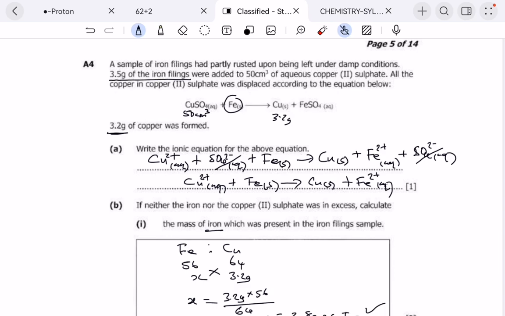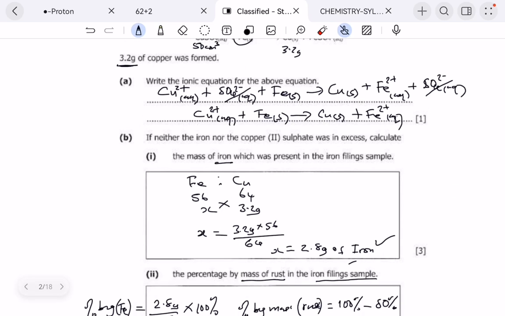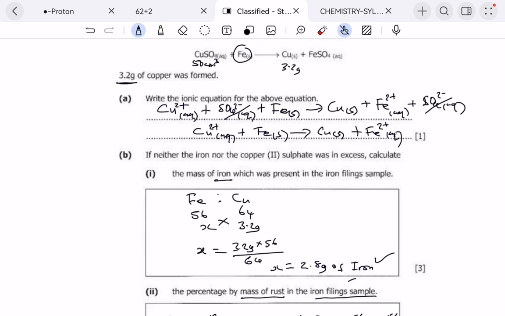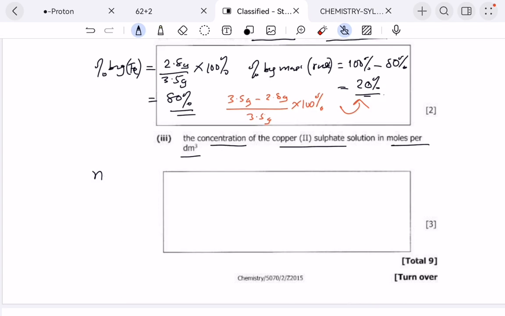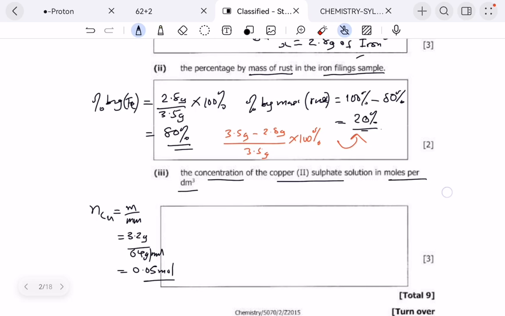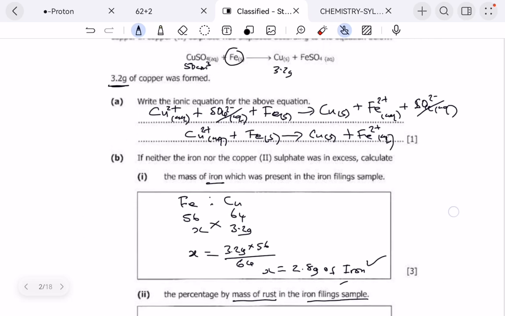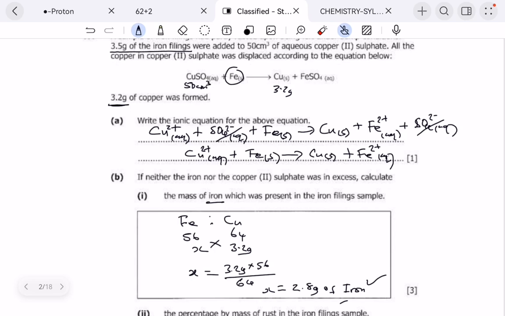The first thing we can do, now that we know the mass of copper, is find the number of moles of copper. The number of moles is mass divided by molar mass. The mass given is 3.2 grams. The molar mass of copper is 64 grams per mole. This gives me 0.05 moles. Looking at the equation, they both reacted in the ratio of 1 to 1.